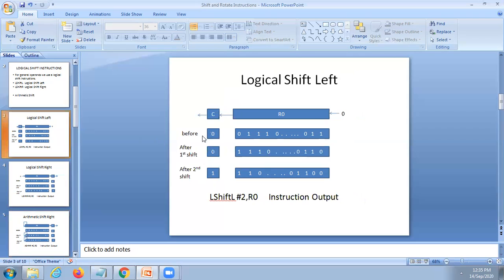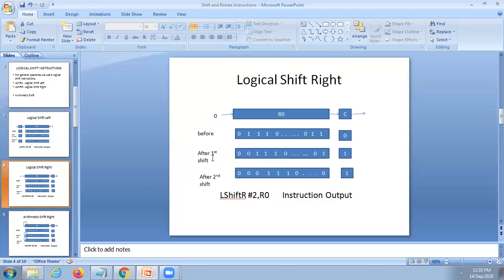Simply, the first one is just a moving of bits from one position to the left or the right, based on the instruction. If we shift left, we are moving the bits left by one bit. If we shift right, we are moving the bits to the right by one bit.